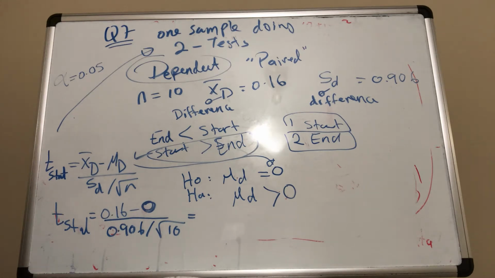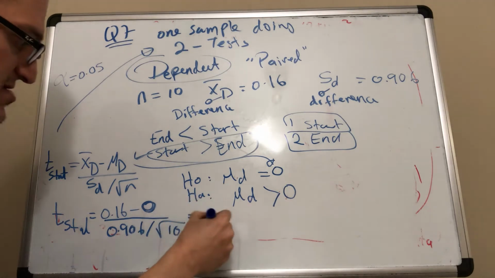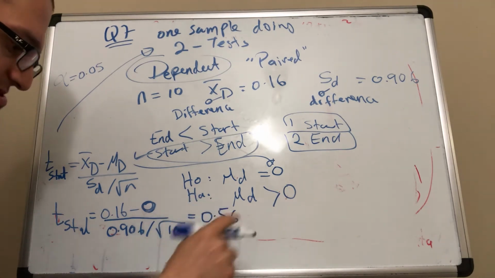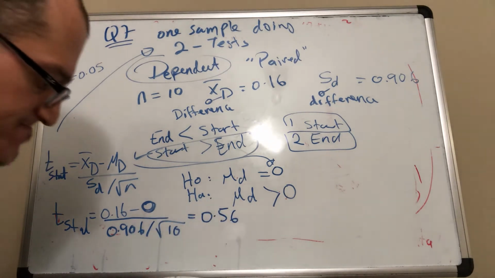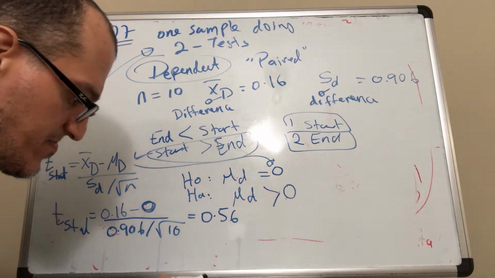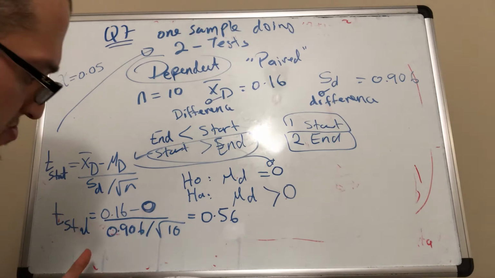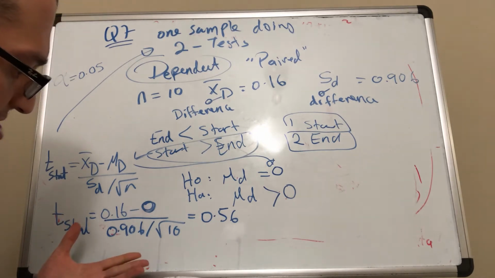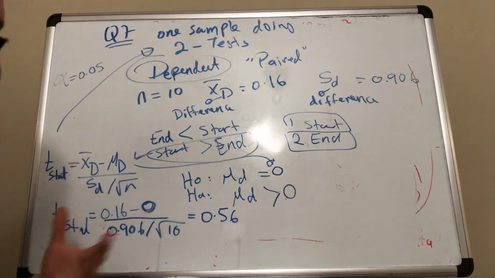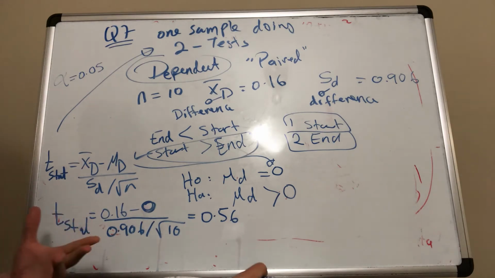So you put everything in the calculator. The answer would be 0.56. After doing this, we found the 0.56. We need to know what the p-value is.